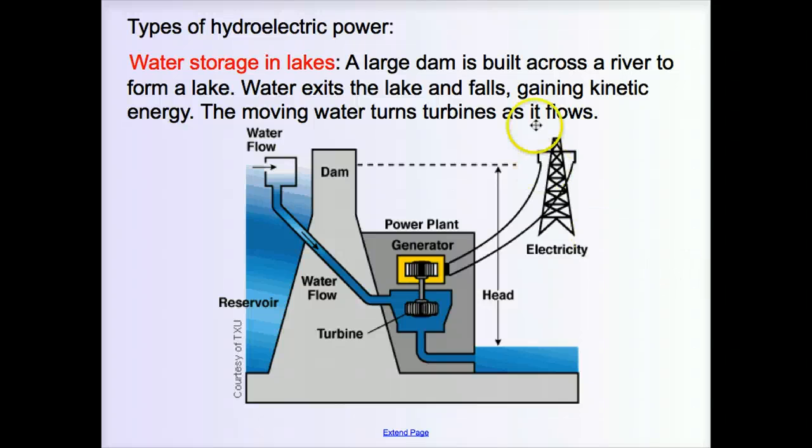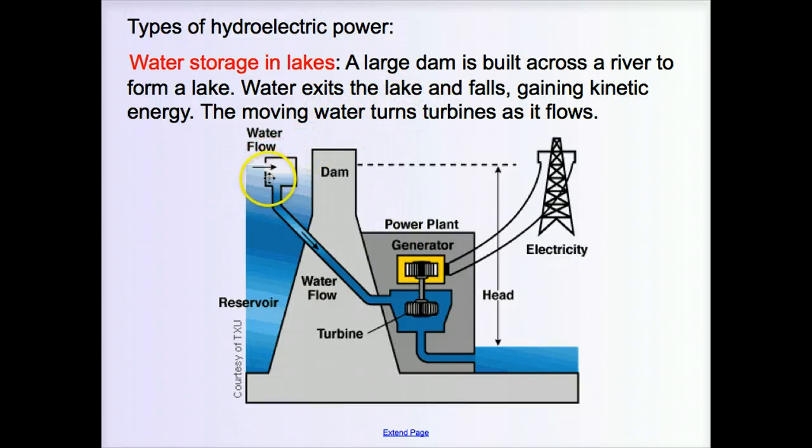So first of all, we're going to take a look at hydroelectric power. And there are three kinds of hydroelectric power we want to look at. The first one is water storage in lakes. Essentially, we find a suitable place, I guess a river in a valley, and a dam is built so that the water builds up and forms a deep lake.